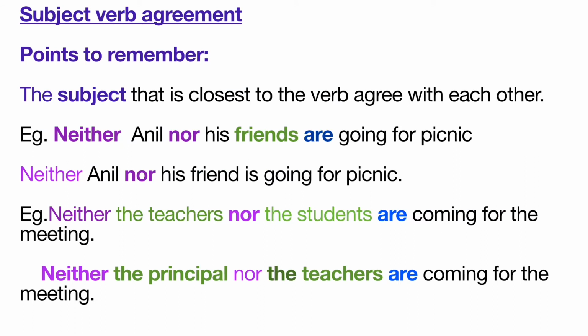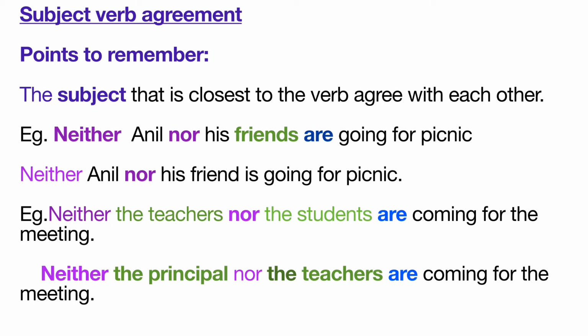Students, this subject verb agreement is a very important concept to learn while using the correlative conjunction neither nor. Note this point: the subject that is nearest to the verb agrees with it. Look at the following examples. Neither Anil nor his friends are going for picnic.